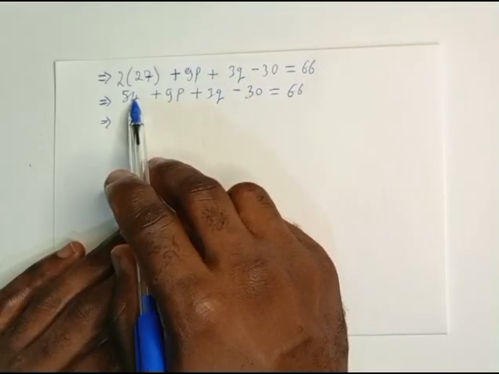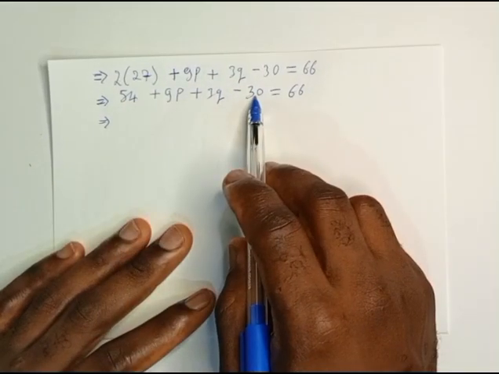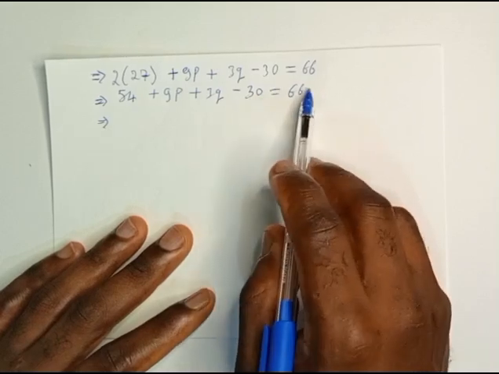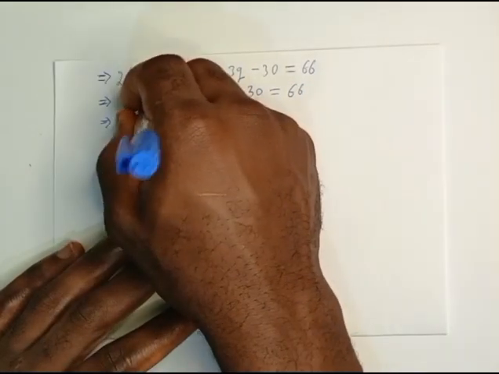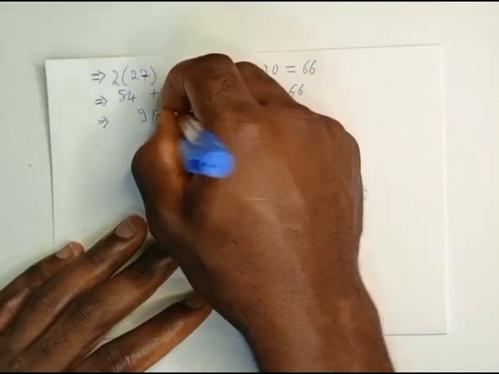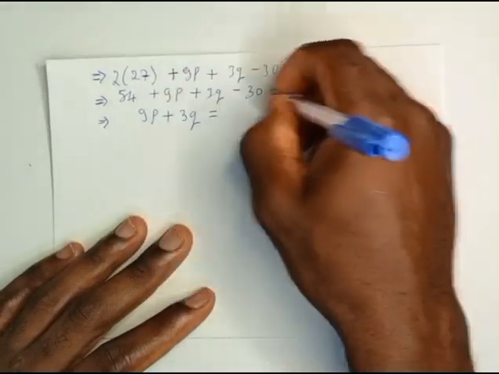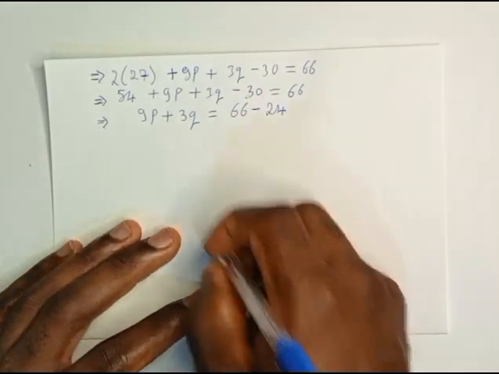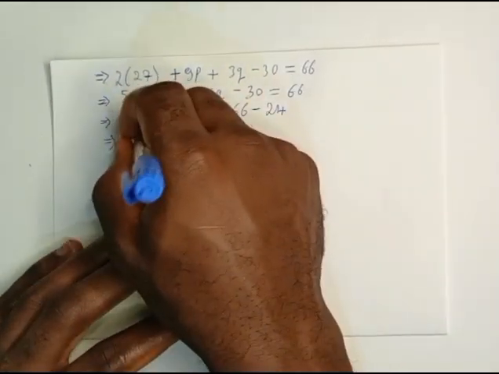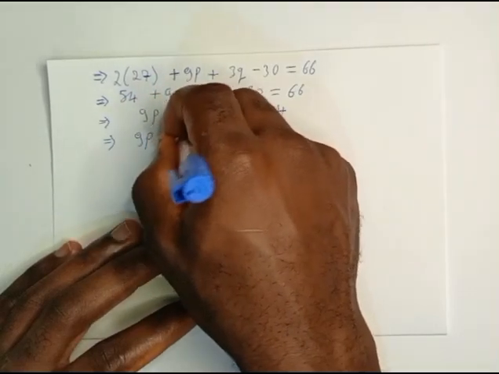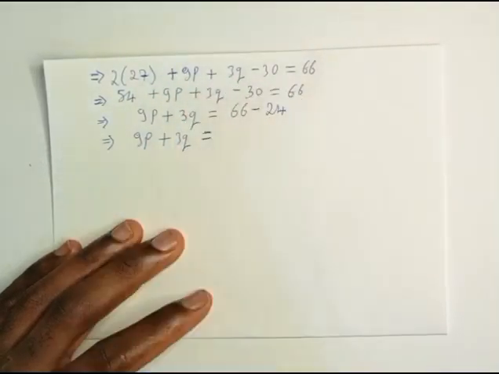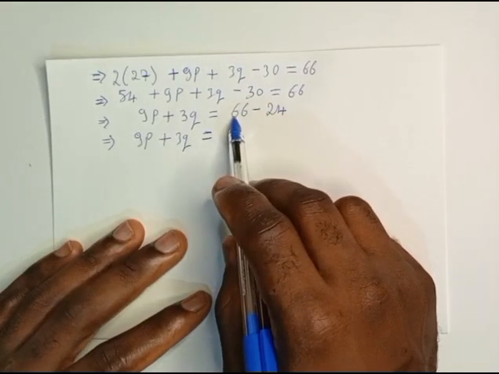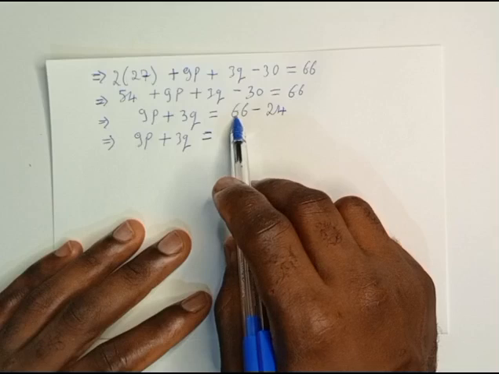Then 54 minus 30 gives us 24. We transfer the 24 to the right hand side, it becomes negative. We'll be left with 9p plus 3q is equal to 66 minus 24, which gives us 42.